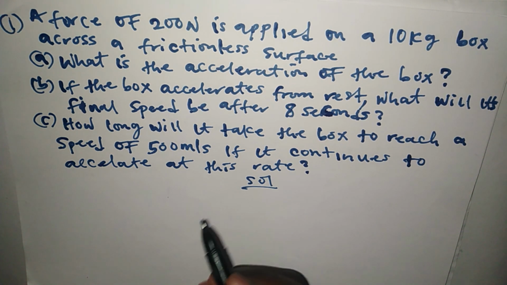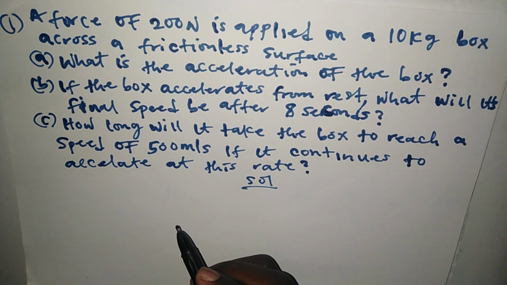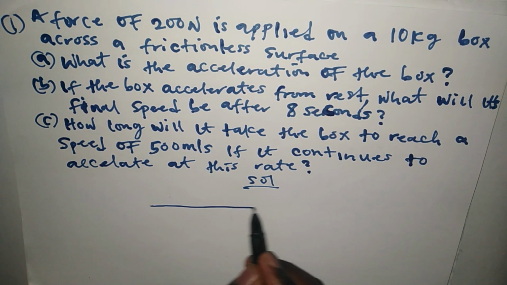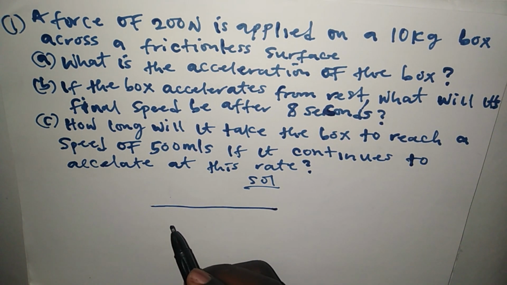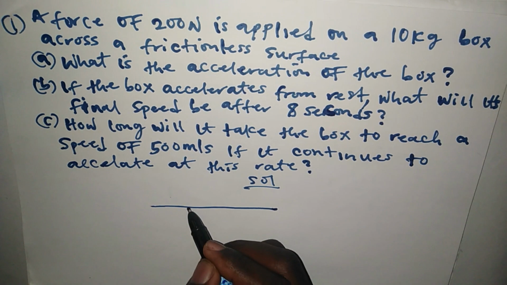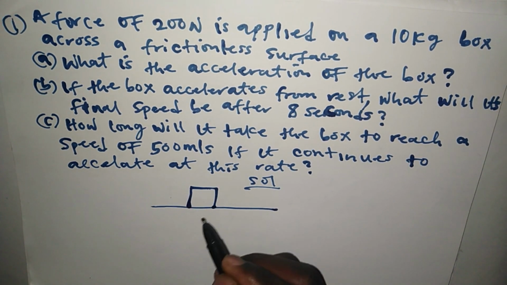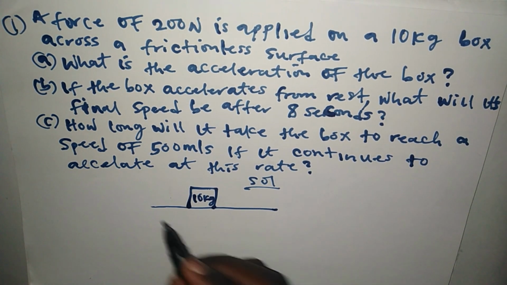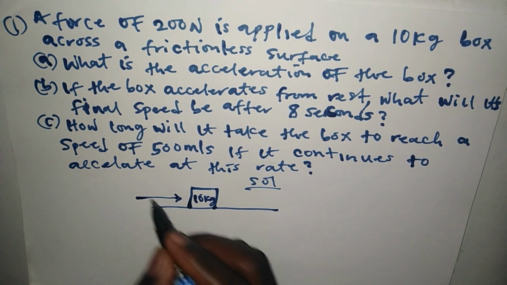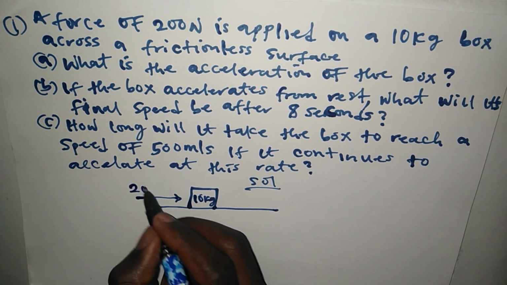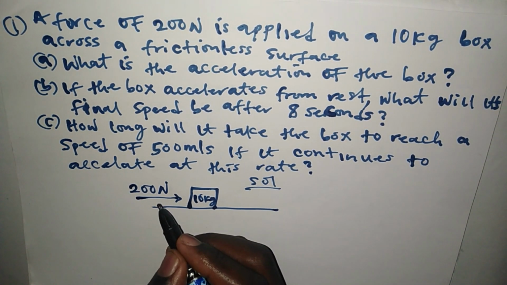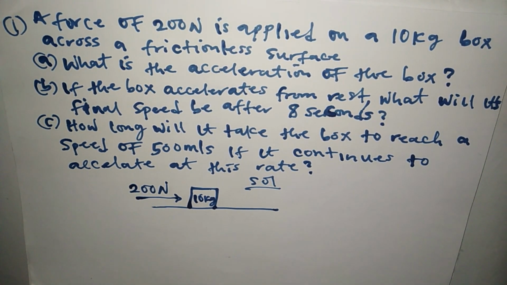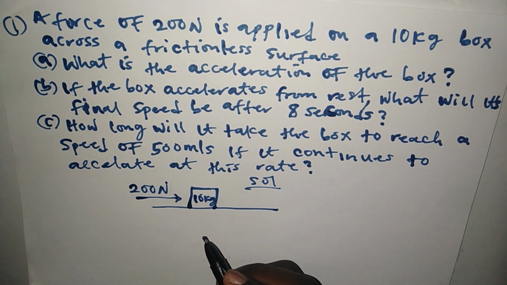For A, first we have a 10 kg box. So let's draw the diagram. This is our frictionless surface. We have a 10 kg box, right? Now, a force of 200 Newton is applied on this box. The question is, what is the acceleration?